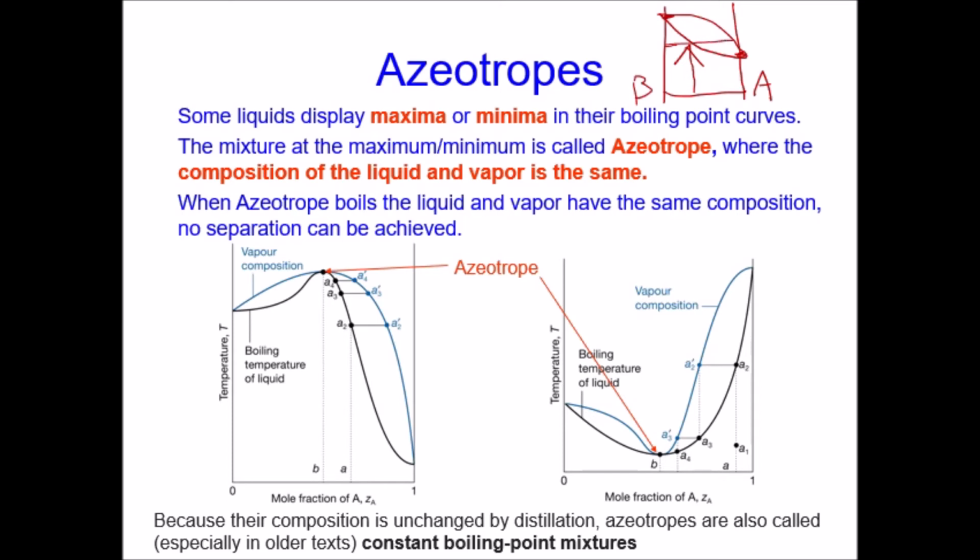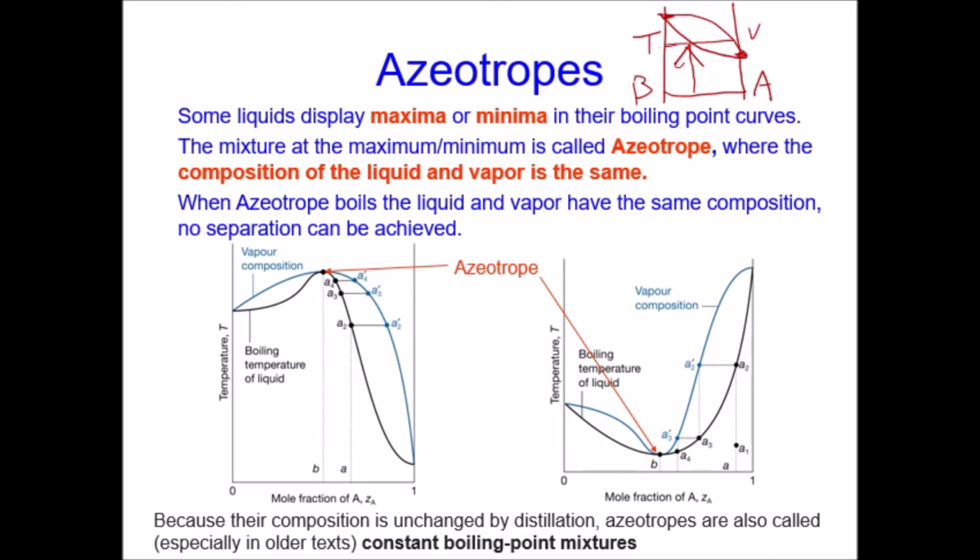You draw the tie line, and you get the vapor phase, and the temperature here is the boiling point of this mixture. The boiling point here is higher than A, lower than B. In other words, the boiling point of a mixture is always between the boiling points of the two pure substances.